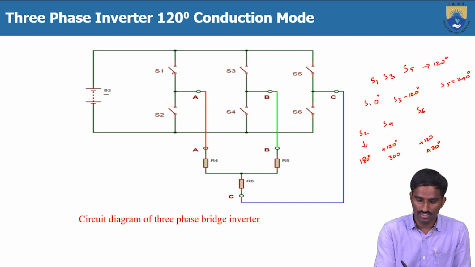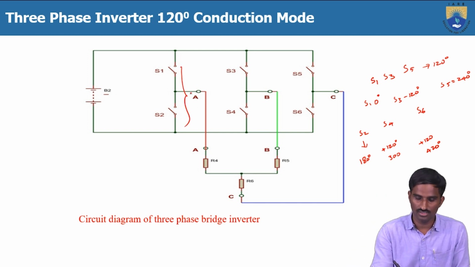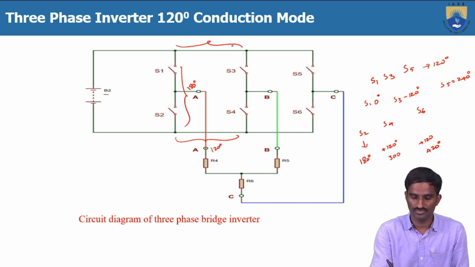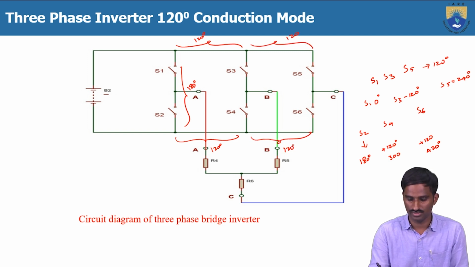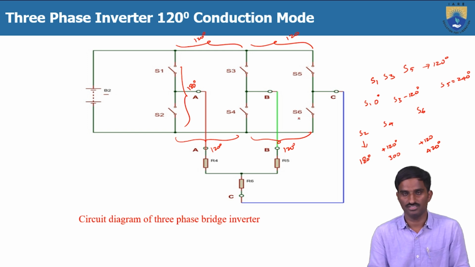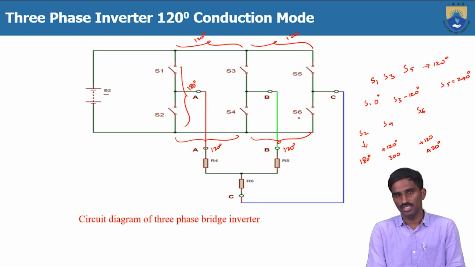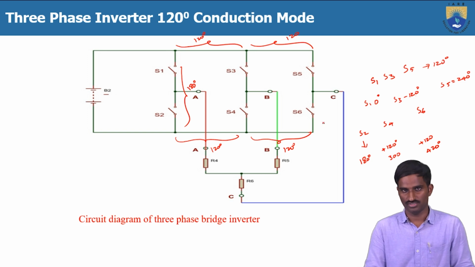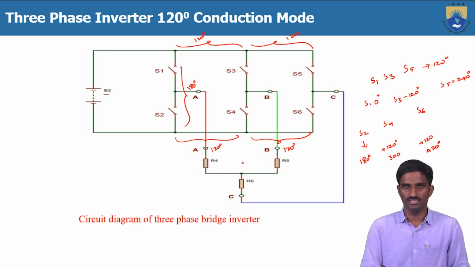So the conduction difference between these is 180 degrees, and this is 120 degrees, and this is also 120 degrees, but not between S3 and S6, because S3 is in the positive group of thyristors and S6 is in the negative group of thyristors. So there is no relation between the positive group and the negative group. But in the same leg, again there is a relation, right?